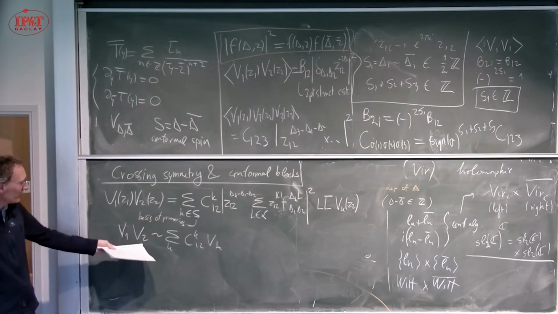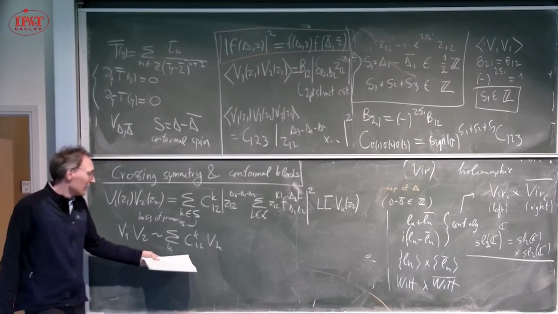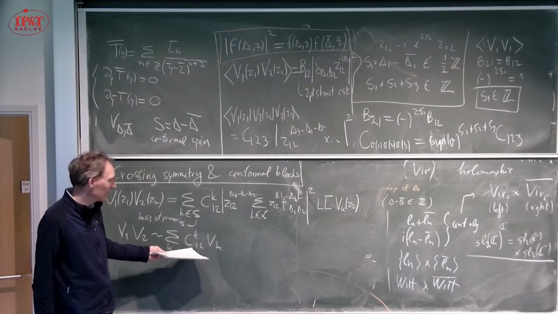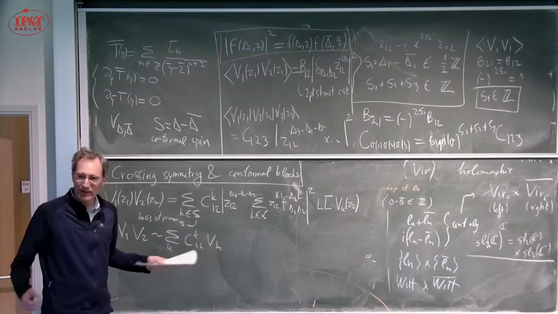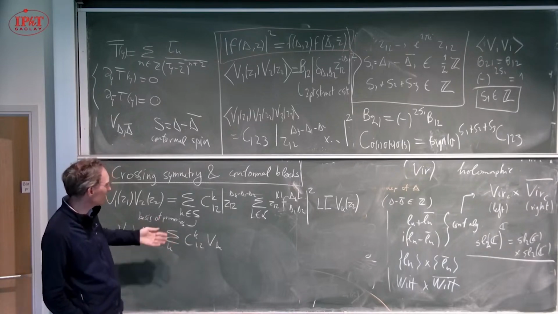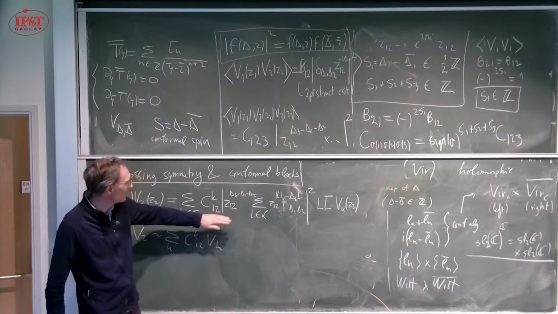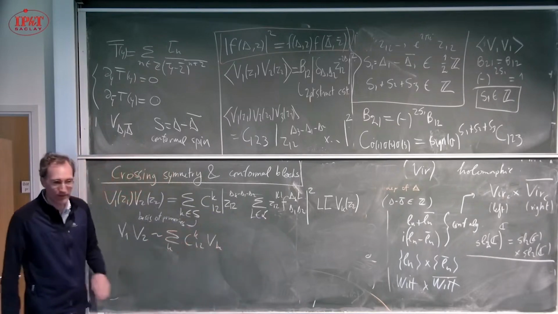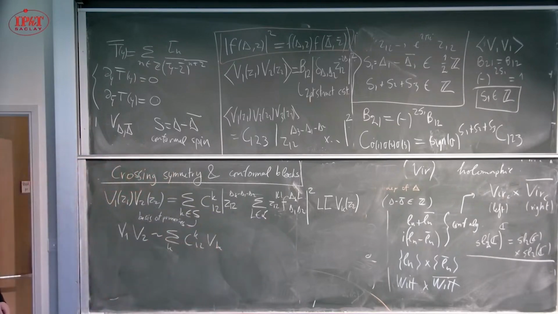The product of two primary fields is a linear combination of primary fields with some coefficients C. And basically, conformal symmetry takes care of all the rest. It takes care of the dependence on z, and it takes care of the sum over descendants. So here I'm writing only what's not fixed by conformal symmetry.